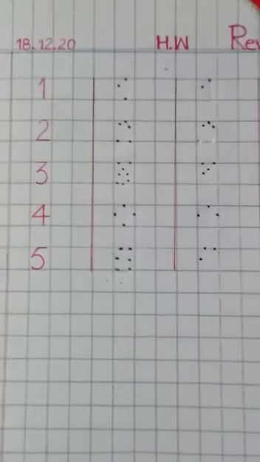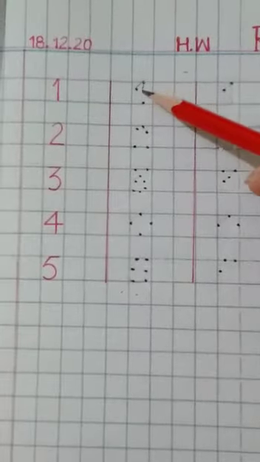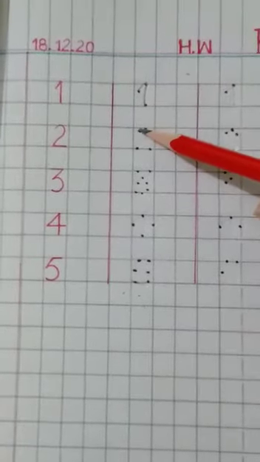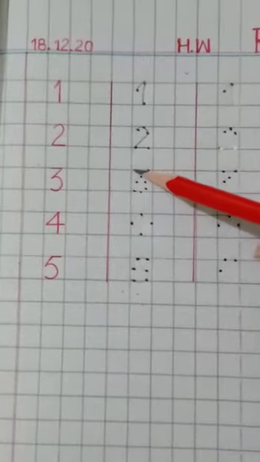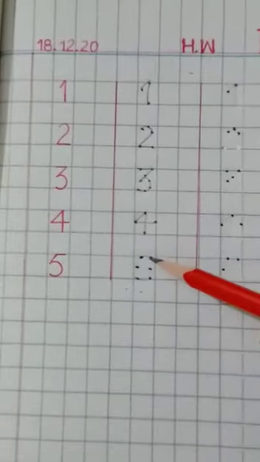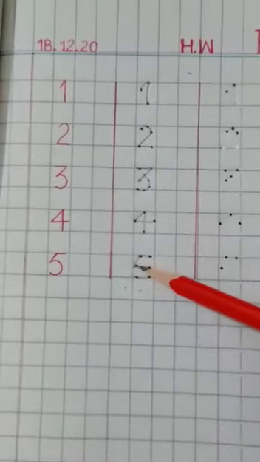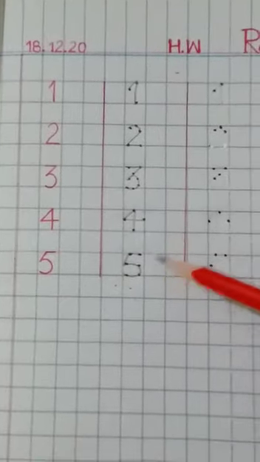So kids, let's start. I will write these 5 numbers or digits by following the easiest dot patterns. One, 2, 3, 4 and 5.